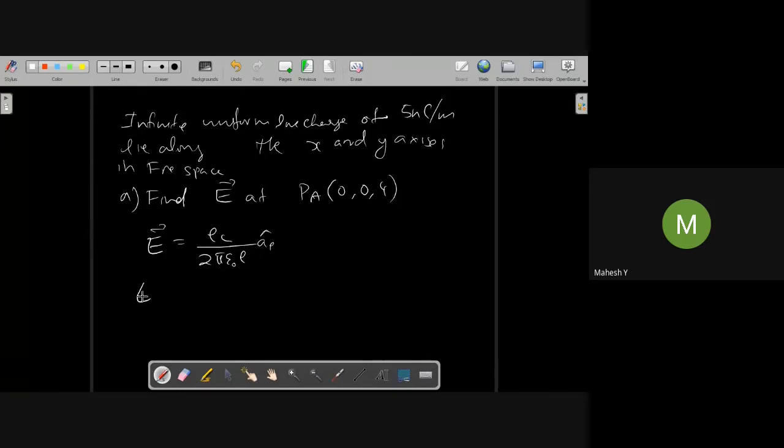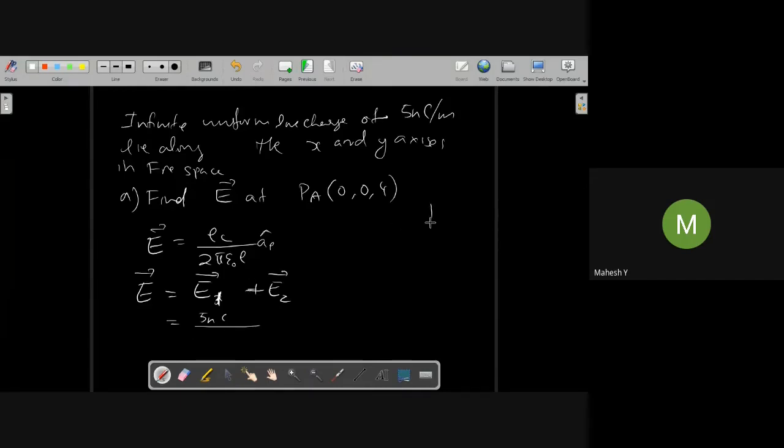So the total electric field intensity is due to E1 plus E2, right? So what is the value of E1? Rho L by 2 pi epsilon 0 rho, where rho L is 5 nanocoulomb, divided by 2 pi epsilon 0.